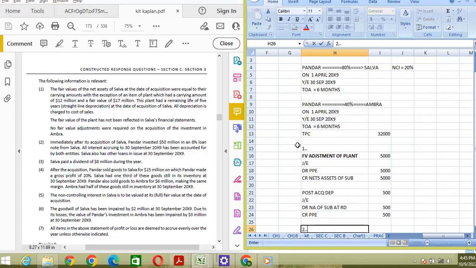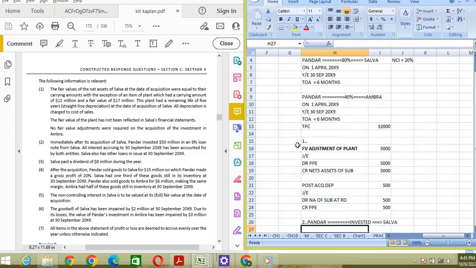Immediately after its acquisition of Salva, Pandar invested 50 million in an 8% loan note from Salva. It means Pandar invested in Salva. The loan amount is 50 million.